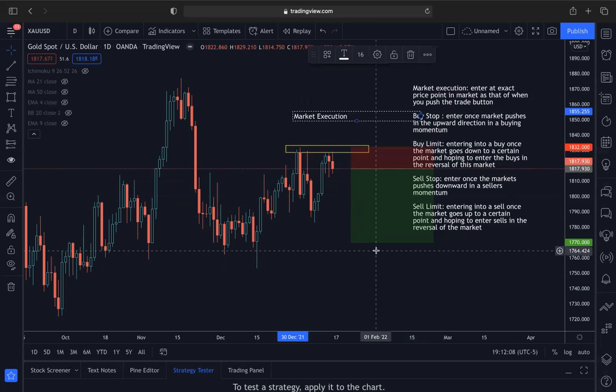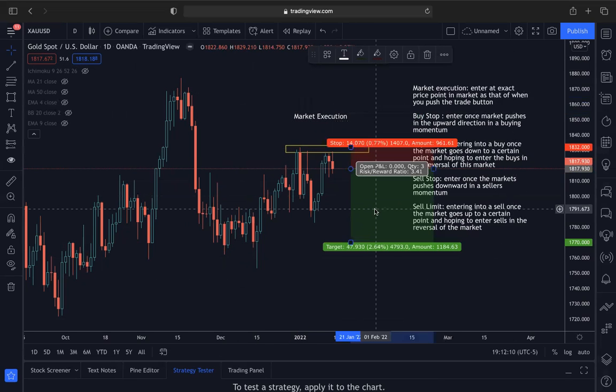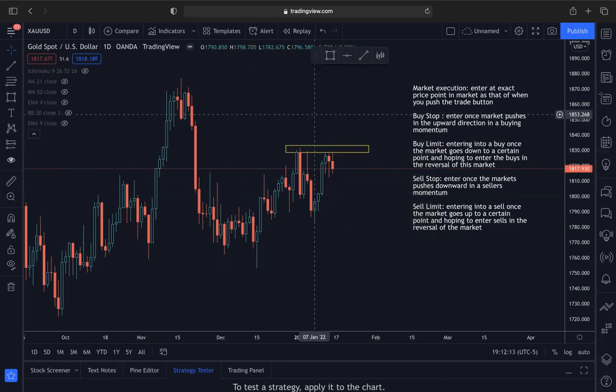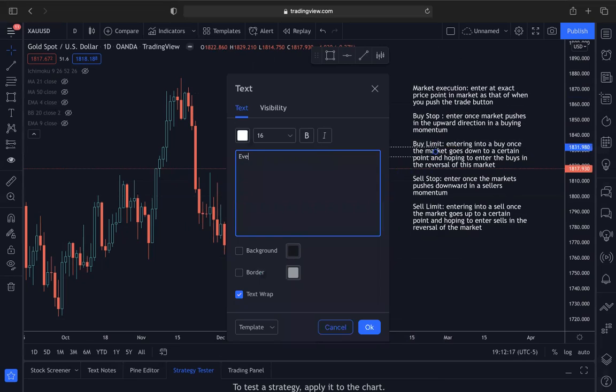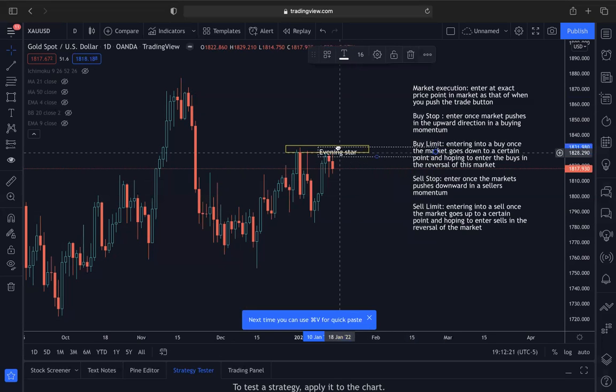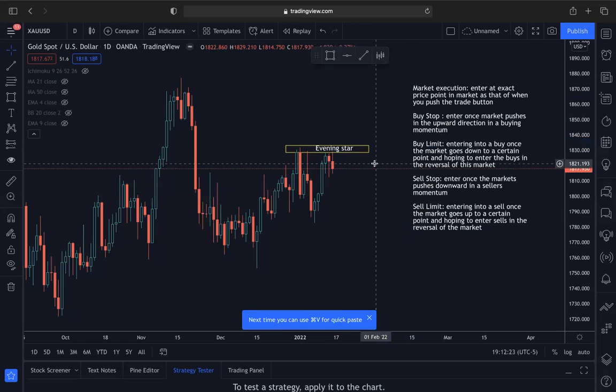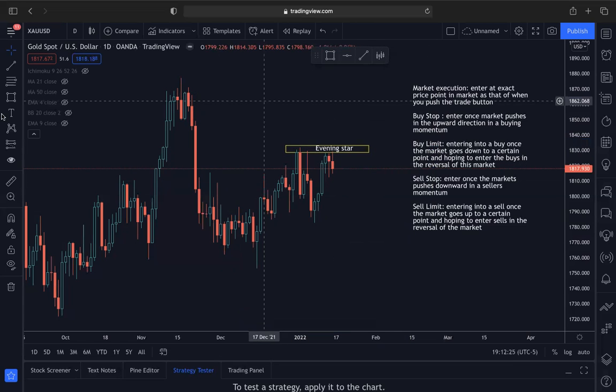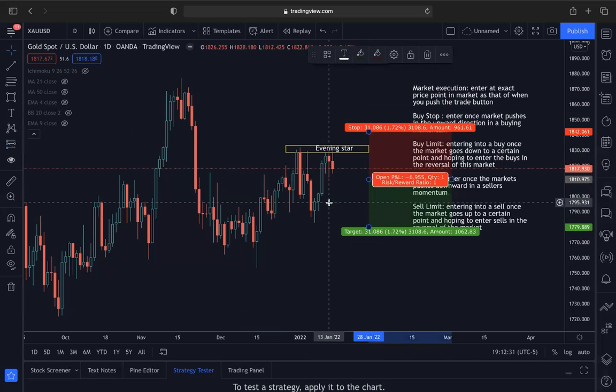After that, we're going to cover a sell stop. So what we do know about this evening star formation is that there's a significant way to trade it. And you usually enter the market under the lowest point of the 3 candle formation, which would be under this wick.